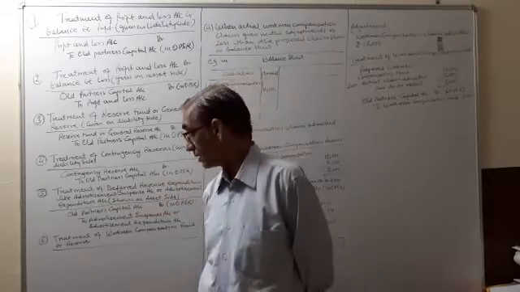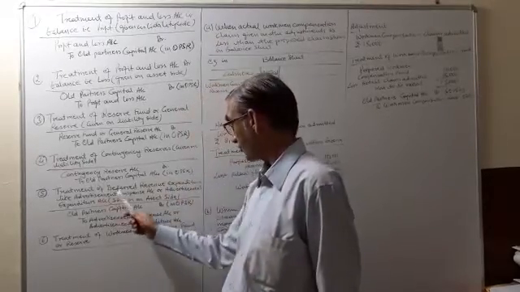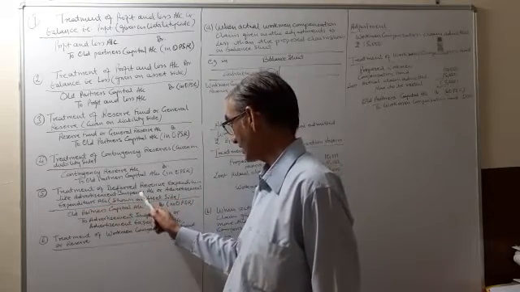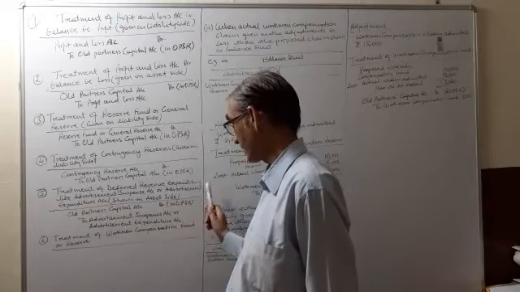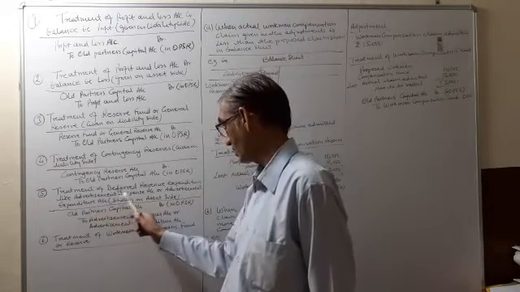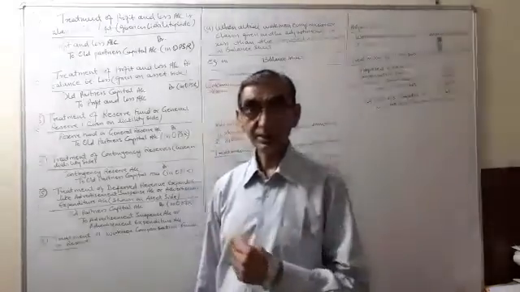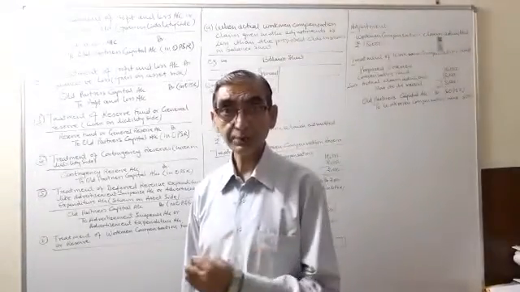It's clear? Now treatment of deferred revenue expenditure like advertisement suspense account or advertisement expenditure account shown on asset side. Now this is your deferred revenue expenditure.